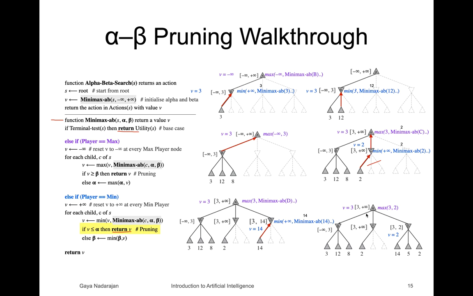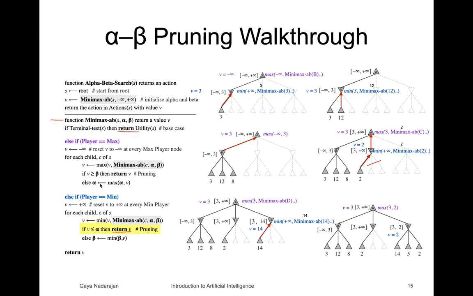And 2 is passed back up to the root node, and the root node is going to check which is the max between 3, which was the original value here, and minimax AB of D, which was 2 just now, and it's just going to be 3, right? And it's going to do this check, okay, is V bigger than or equal to beta?